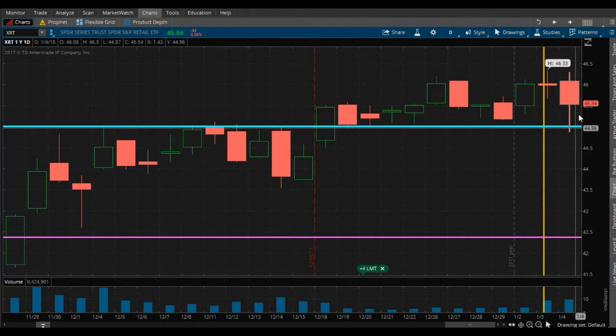But now we have seen some of that initial move retrace, and so we're just going to watch it. It's still well within break evens, so not a ton to say there.